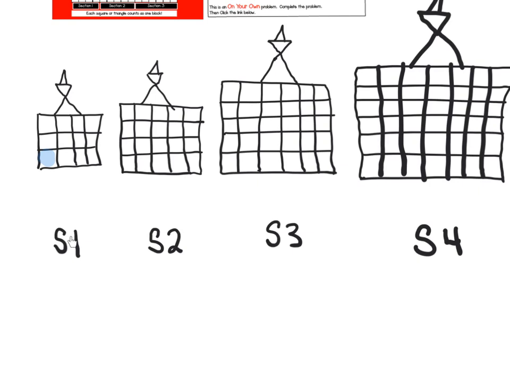So if I look at section 1, I've got 1 block, but I've got to add 1, 2, 3 to it, right? So I can think of it like S plus 3 would give me my base, okay? And that's what I want. So I'm going to color this in all blue, right? So that's my base.